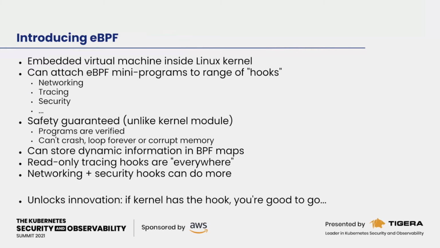There are hooks for a whole variety of things in the kernel, and more are being added all the time. There are hooks for network policing, various networking features, and Calico's eBPF data plane makes heavy use of those. There are hooks for tracing. This is tracing in the sense of you get some kind of kick from the kernel when a particular thing happens, and then it's up to you what you do with that kick.